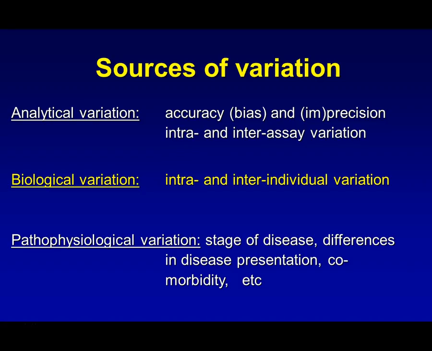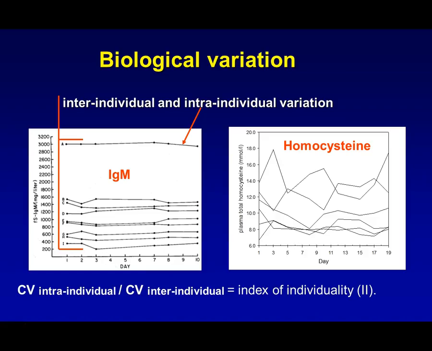Well, we talked about analytical variation, we talked about accuracy and precision, and intra and inter-assay variation. But more important in clinical chemistry is the biological variation. And then we talk about intra and inter-individual variation. This graph shows the differences between inter and intra-individual variation.